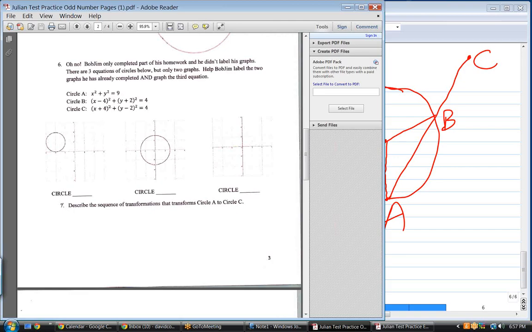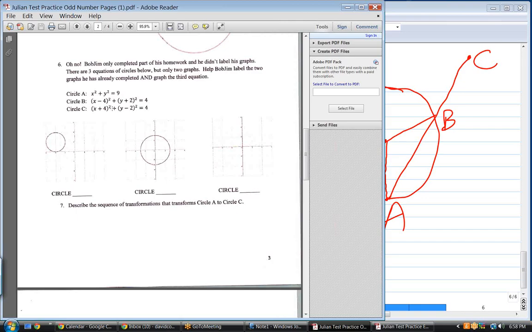Relative to these numbers, one of them has to be 4, one of them has to be 2. So these must be 1, 2, 4. So the x-coordinate of the center of this circle is -4. Which equation is that? The third one. Good.